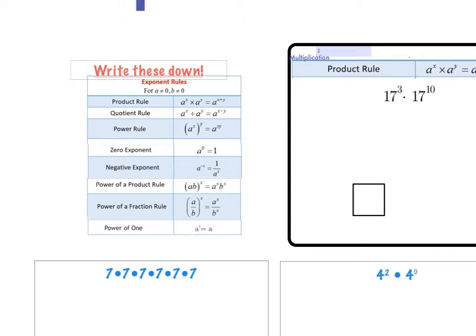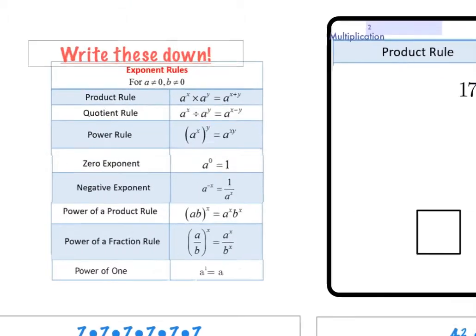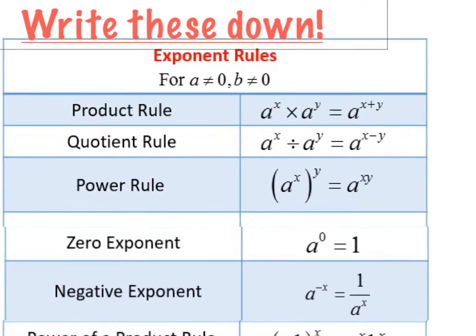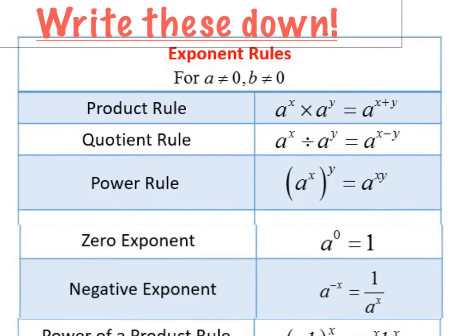Alright, so just so that we know what we're doing here, we have a couple rules that we need to write down. So we have the product rule, which we did go over, and I do need you to know. These ones we have gone over, and you need to make sure that you know what they are. Product of powers, quotient of powers. This chart that I have here is slightly different from the one we've used, but nonetheless it still has all the same rules.